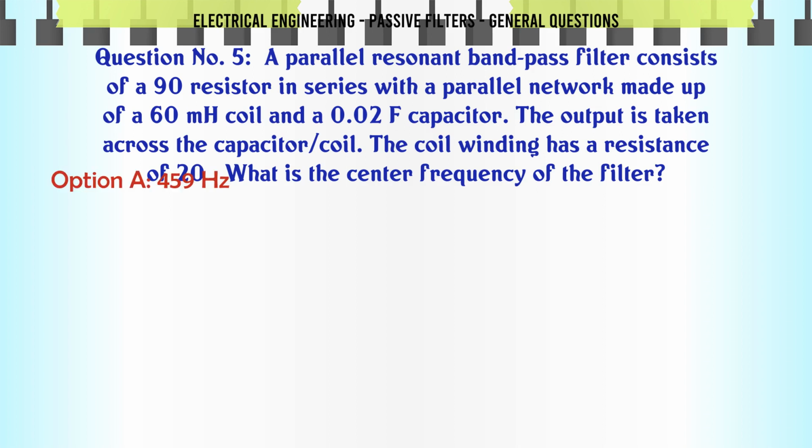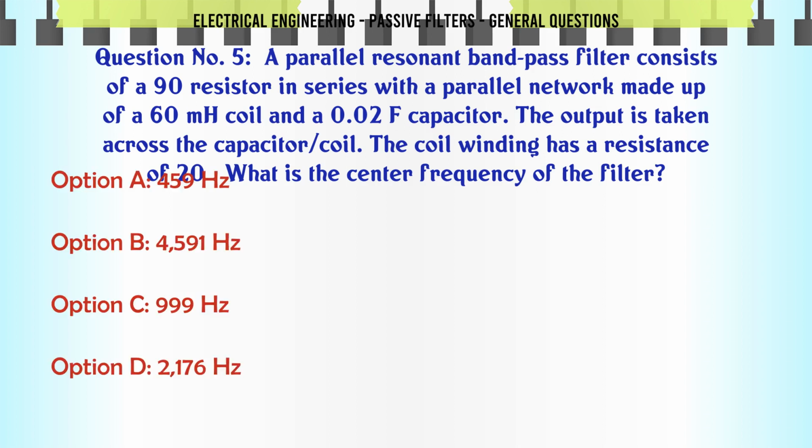A parallel resonant bandpass filter consists of a 90 Ω resistor in series with a parallel network made up of a 60 mH coil and a 0.02 µF capacitor. The output is taken across the capacitor and coil. The coil winding has a resistance of 20 Ω. What is the center frequency of the filter?